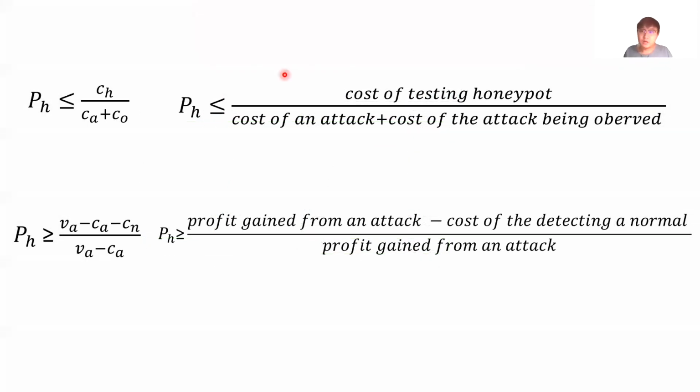If we take a closer look at the constraints on the probability of the honeypots, we'll find something very interesting. Let's take a look at this inequality first. Basically, what it's saying is that the probability of the honeypot should be less than or equal to the cost of testing a honeypot for the attackers over the cost of an attack plus the cost of the attack being observed for the attackers.